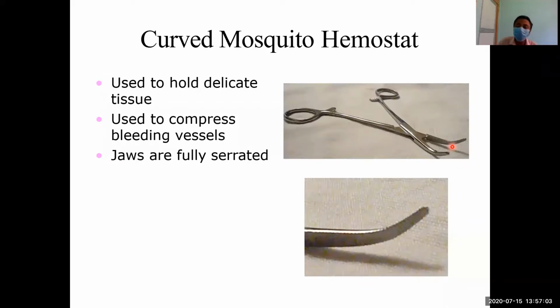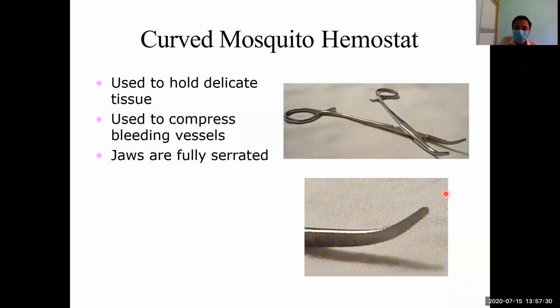In Edson's forceps also, same as Kelly's, the serrations will not be present all throughout, only in some part, a lesser part of the blade. Spencer-Wells full serration, Kelly's and Edson's less than full serration.